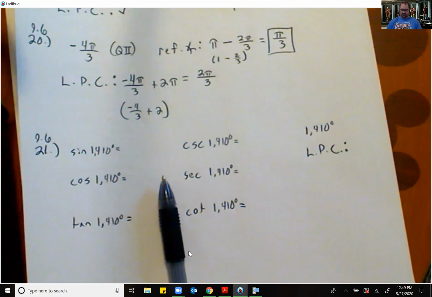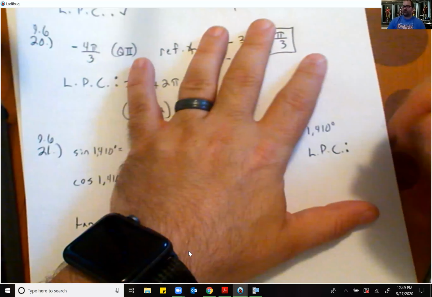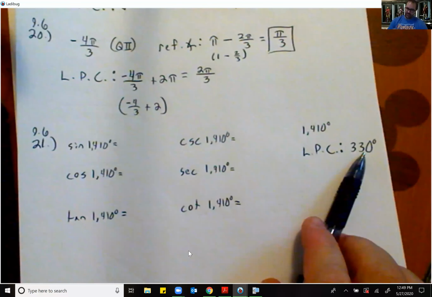Not there yet. Minus 360, 690. Still not there yet. Subtract another 360, 330 degrees. Now we're there. That is the least positive coterminal angle, because if I subtract another 360, I'm negative.